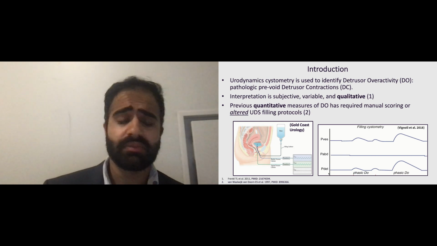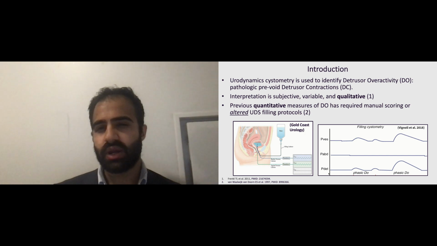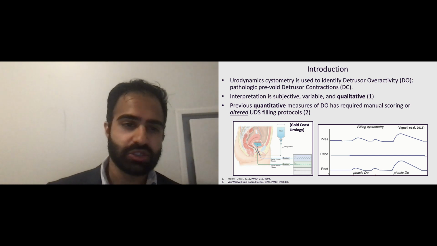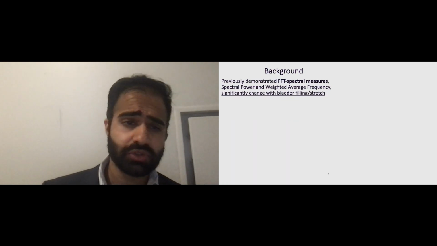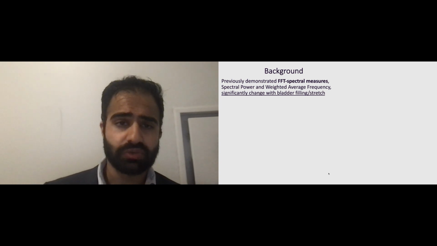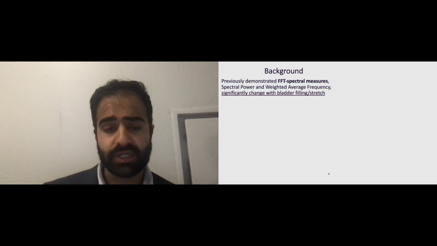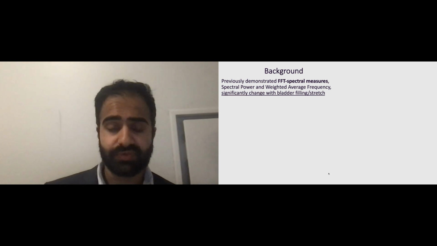There have been some previous attempts to quantify or measure DO, which has required manual scoring on the part of the physician or some changes to standard UDS filling protocols. So our research group has previously used the Fast Fourier Transform, or FFT, to derive spectral measures that are representative of bladder contractions, physiology, and pathophysiology under a variety of models looking at how it changes with bladder filling and stretch.